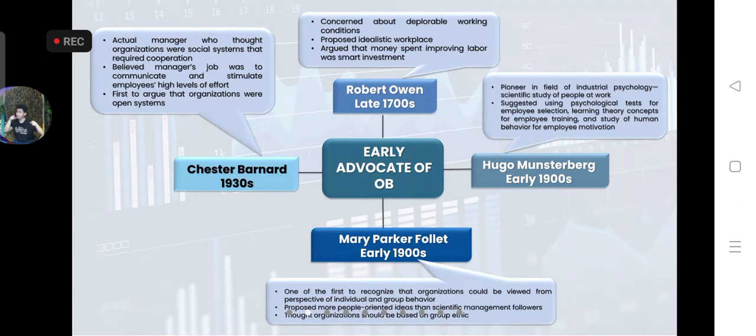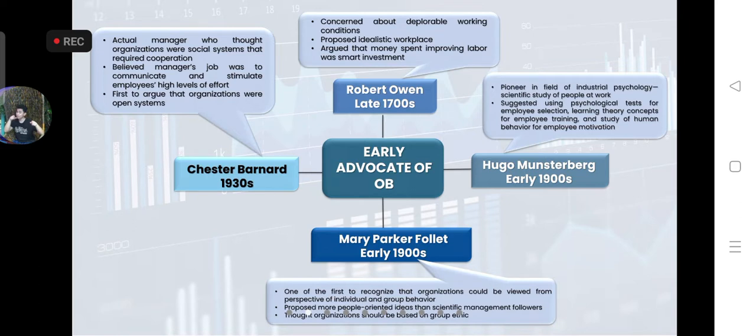So next is Robert Owen in the late 1700s, concerned about the deplorable working conditions, who proposed an idealistic workplace and argued that money spent improving labor was a smart investment.